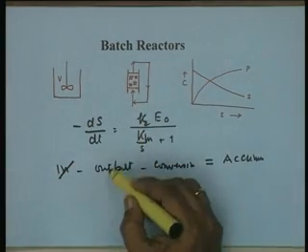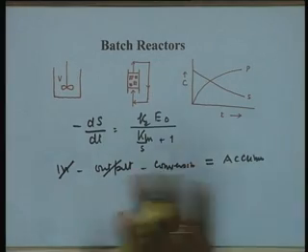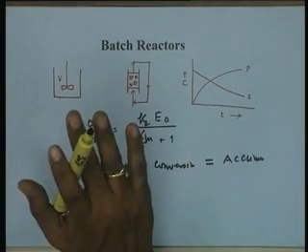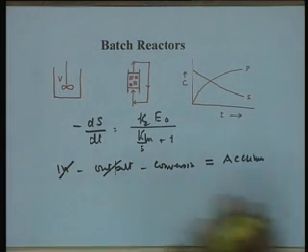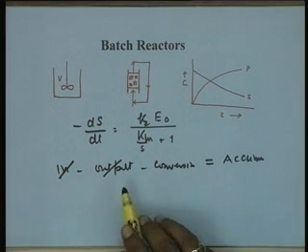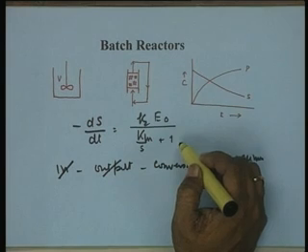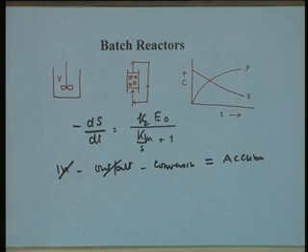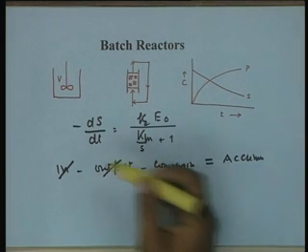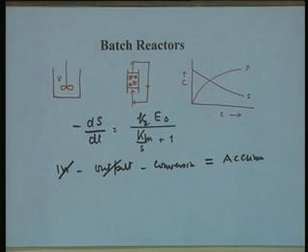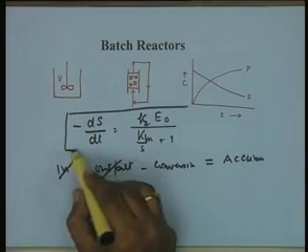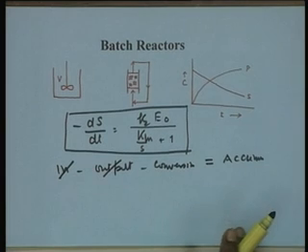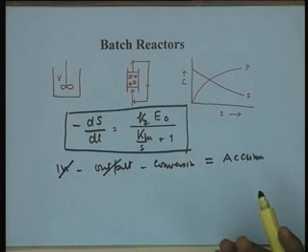Input and output here are taken as 0, because there is no continuous input and output; only initially we feed the reactor and at the end of the reaction time the output is taken out. And conversion is given by the rate of reaction. So V into rate of reaction is the conversion term, and by cancelling the volume term from both sides you arrive at the integrated form of the equation. If you integrate this equation, you arrive at the reactor performance equation.